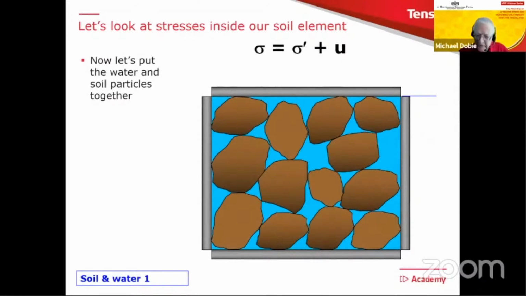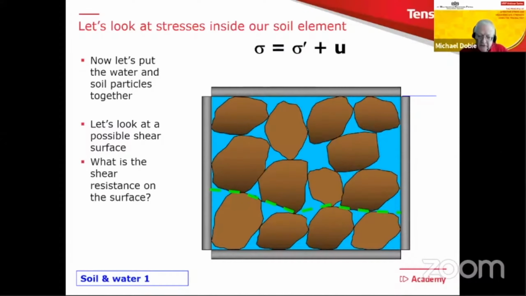Now, we're going to put everything together. So we're going to put our water and our soil particles inside the box, and we're going to do really the same thing again. So currently there are no stresses, and at the moment what we want to do is to look at our shear surface that's in there, same place, and ask the question, and this is question number soil and water 1, what is the shear resistance on that surface?